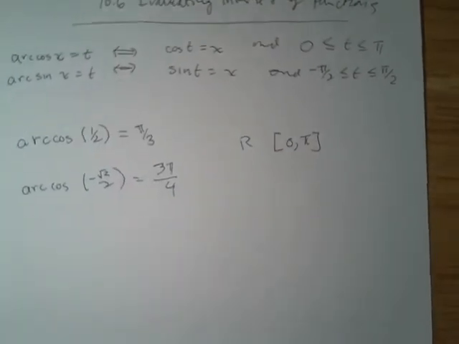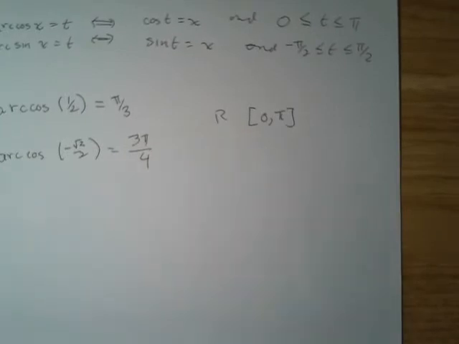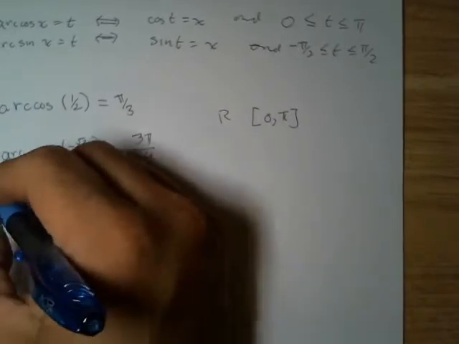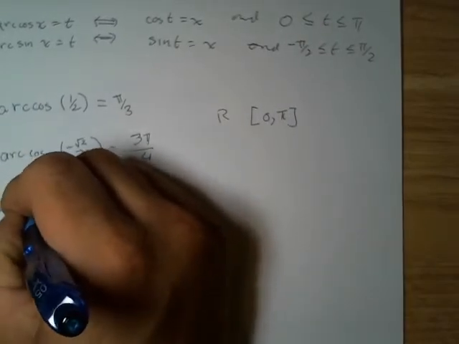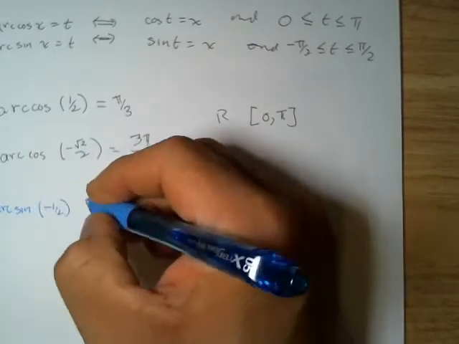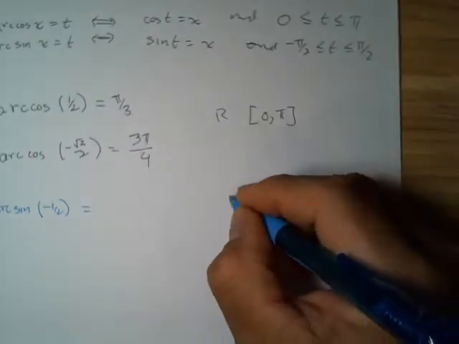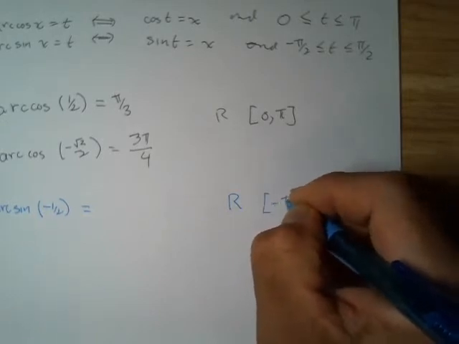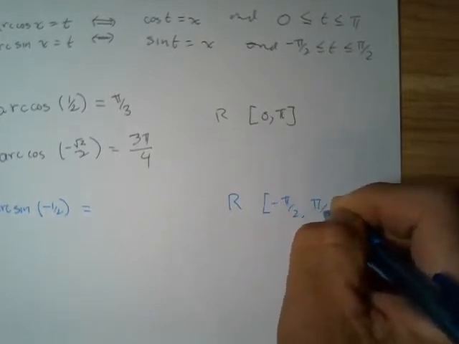Okay, and the same goes when working with the sine. If we have arc sine of negative 1/2, remember the range is from negative pi over 2 to pi over 2.